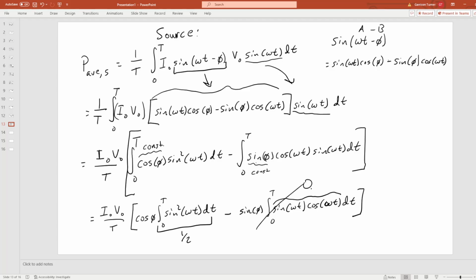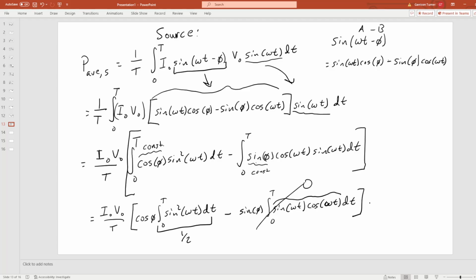And if you don't believe that, you can just plug that into Wolfram Alpha. Just go to Wolfram Alpha and say integrate sine x cos x from 0 to 2 pi. Okay, and you'll see that it's 0. Or go to Integral Calculator or something if you're not convinced of that.